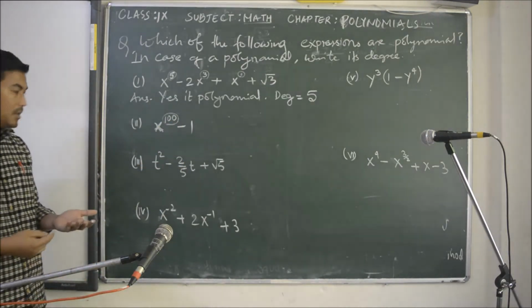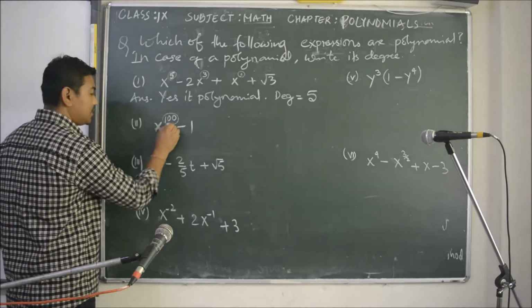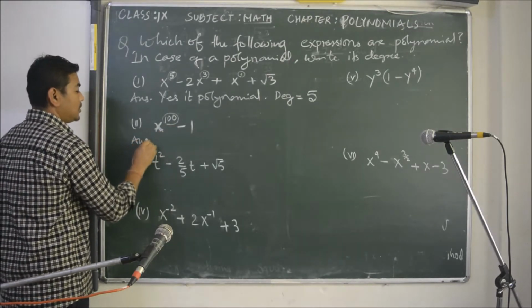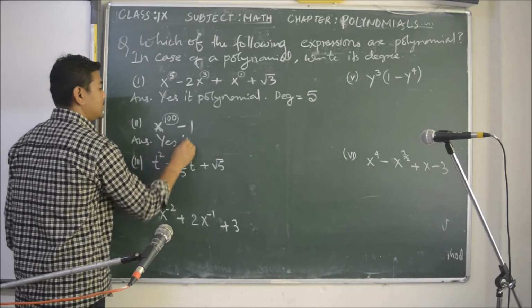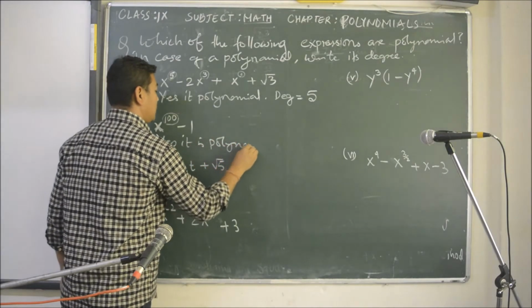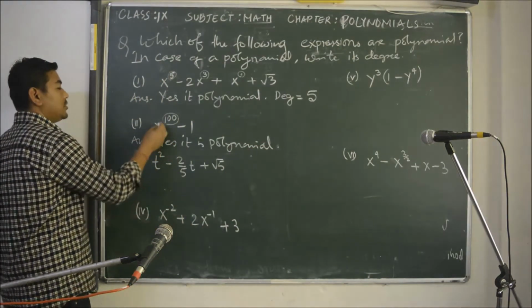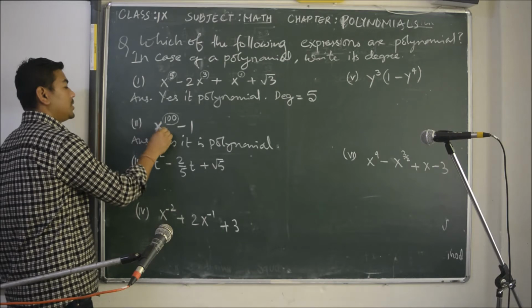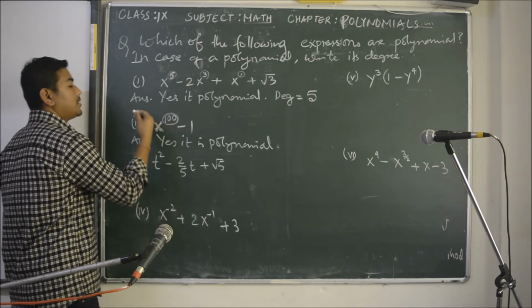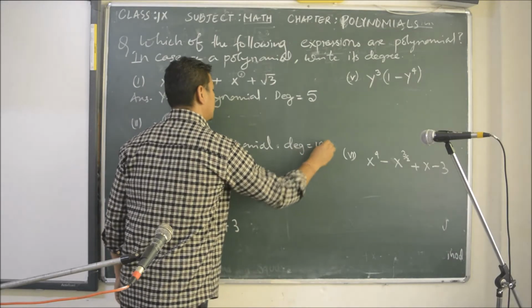Positive integer means 1, 2, 3, 4, 5, 6 and so on. So yes, this is also a polynomial. And about the degree, it is the highest power. Since we have only one x term here, the highest power of x is 100. So the degree of the second polynomial is 100.